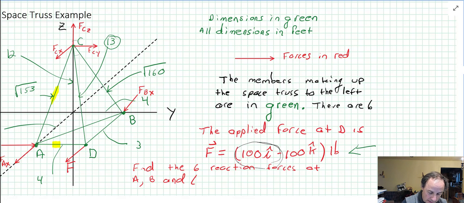I'm going to erase that so it doesn't stay on there. Okay, good.